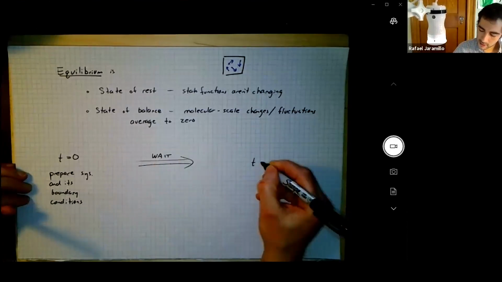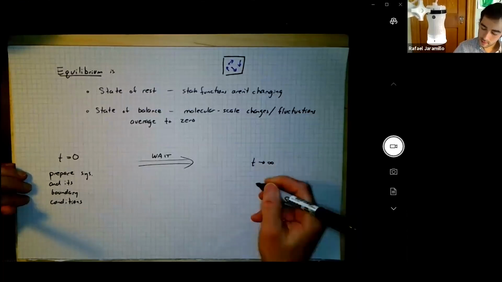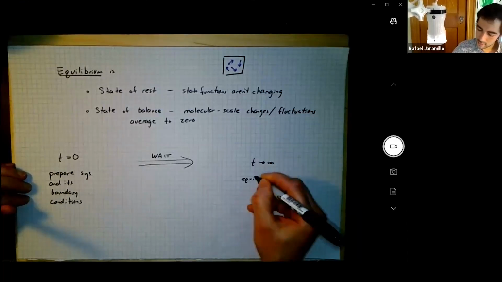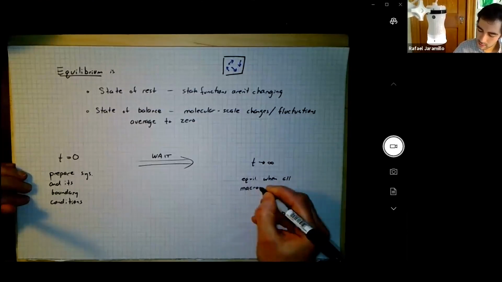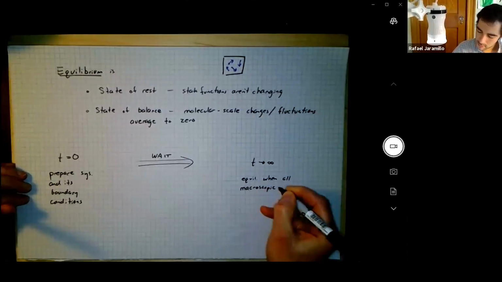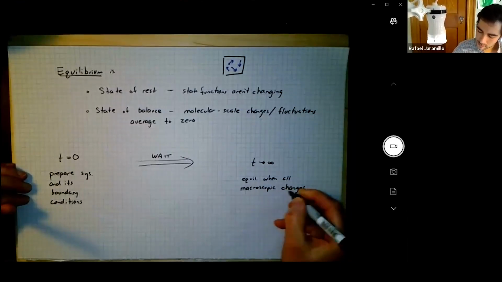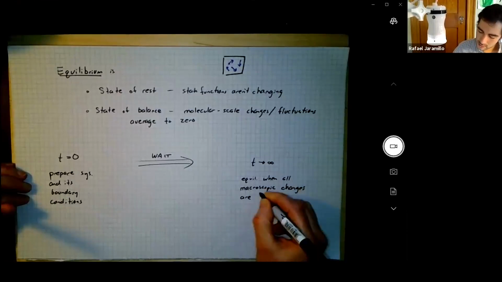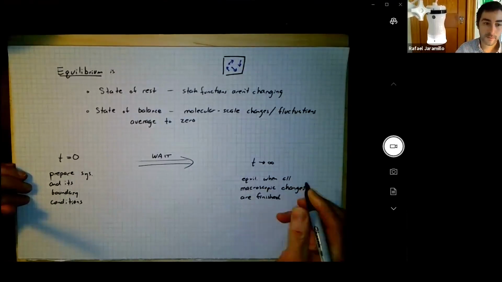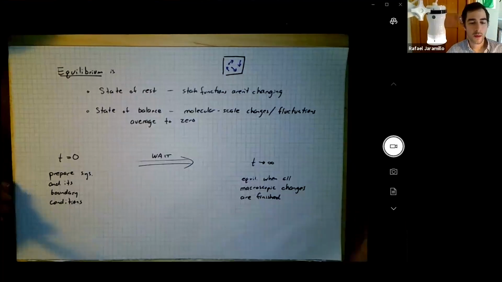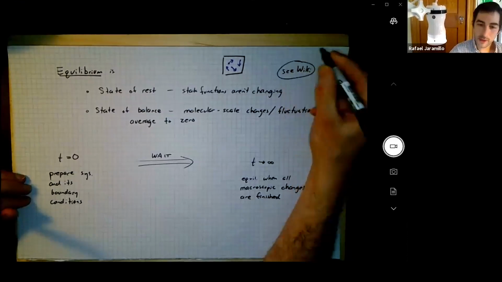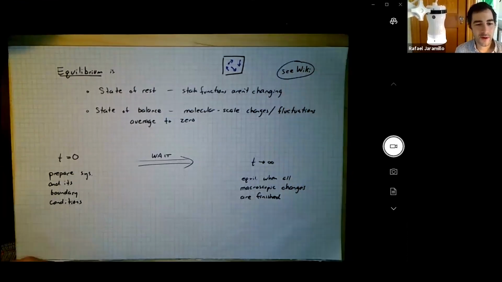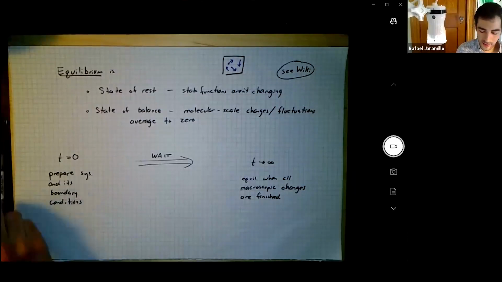And as t goes to infinity, equilibrium is when all macroscopic changes are finished. Wikipedia has a really good entry. If you look for the wiki entry, the definition of thermal equilibrium, I kind of like it. It's got different words, all meaning the same thing.